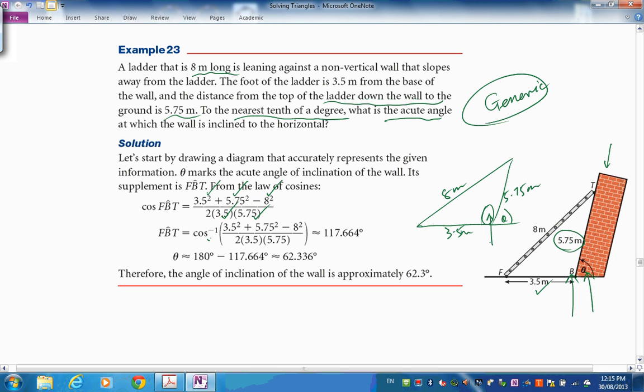So if we do the inverse cosine of that on the calculator, don't take it out as a decimal and then put it back in again. Just put cos neg 1 of your answer, and you get 117.664. And of course the angle you want is sum of angles on a straight line, 180 minus that, plenty of decimal places, and then round it at the end.